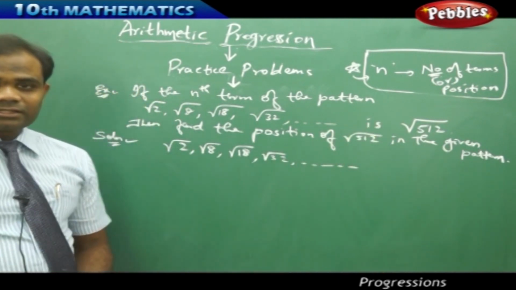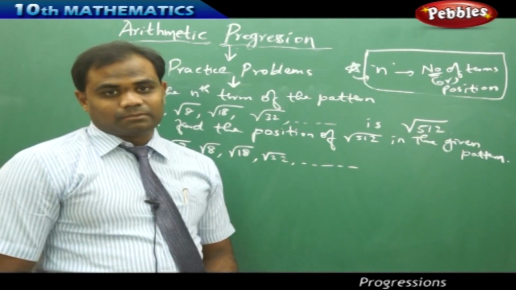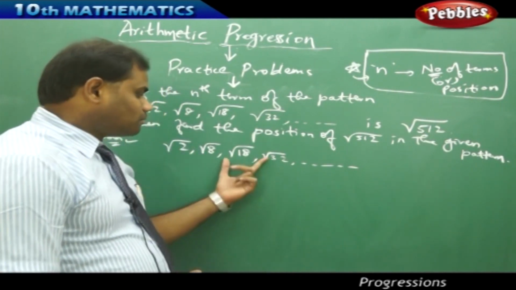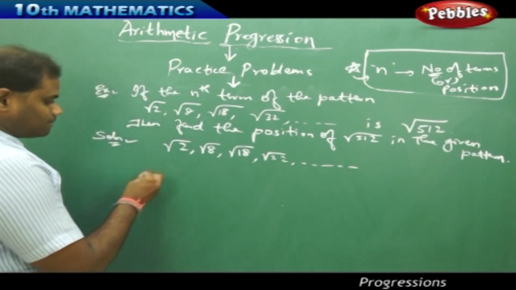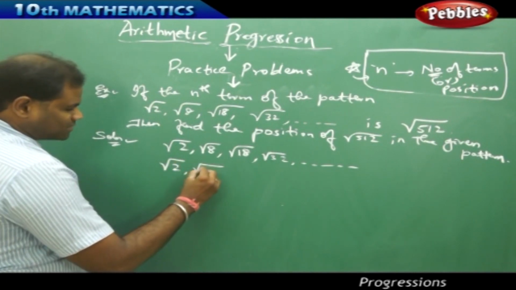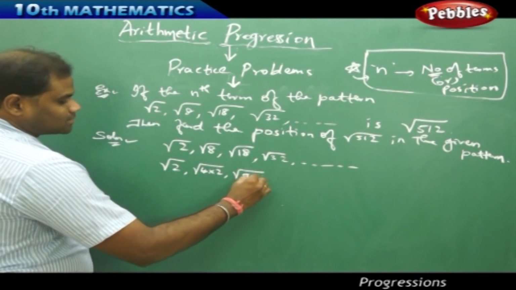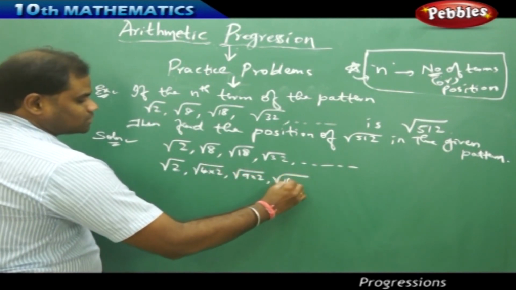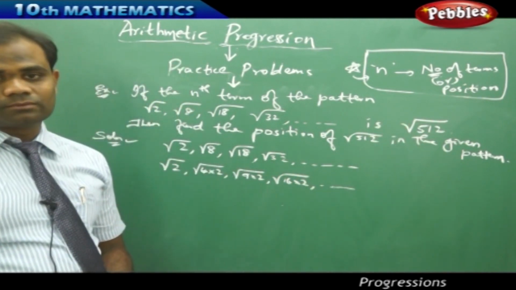Now as I see this, it's very difficult to identify this as an arithmetic pattern, but I can if I modify it with further simplification. So let's see how I can do that. When I take the pattern, this is root 2, and 8 I can write as 4 times 2, 18 I can write as 9 times 2, then 16 times 2, and so on and so forth.